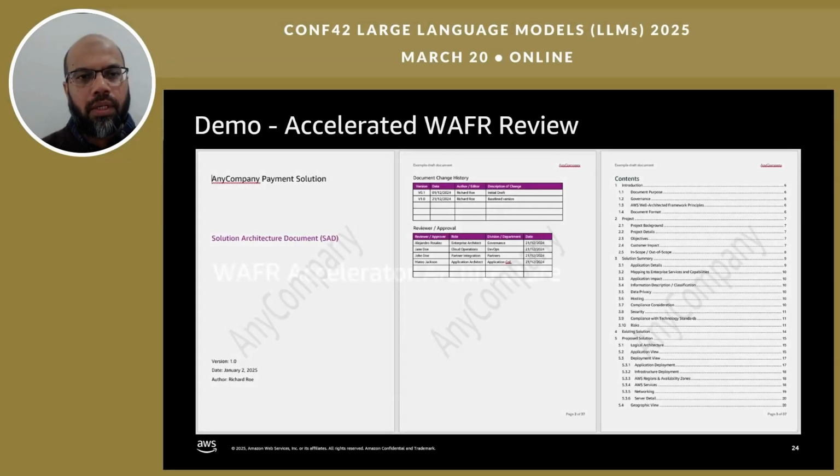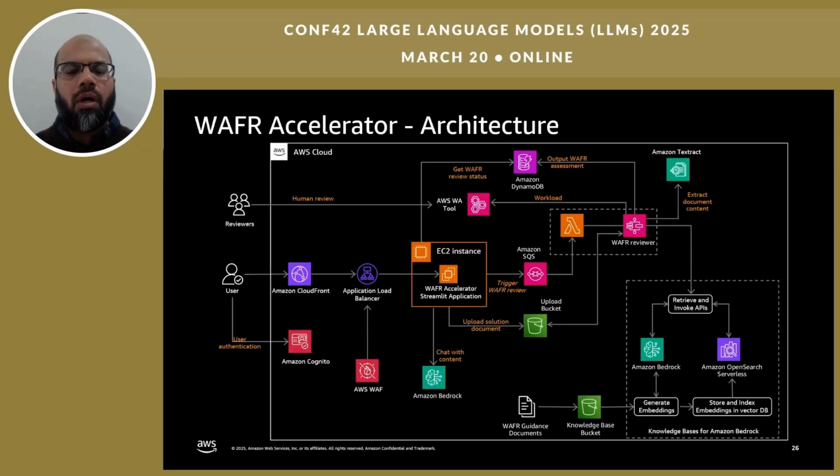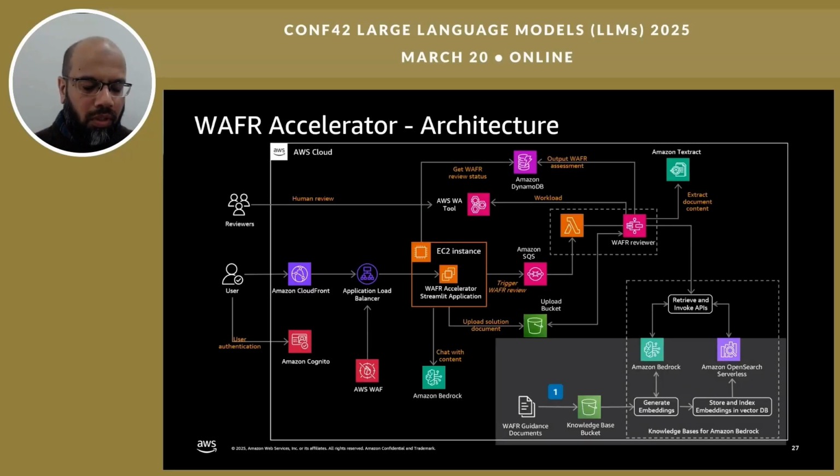You've seen the UI now. This is the overall architecture for the WAFR Accelerator. If you recall, we looked at the basics of RAG architecture, and the first step is data ingestion. As part of this, we download the files in PDF format from the AWS public website, put them into an S3 bucket, and use Amazon Bedrock Knowledge Base to ingest them.